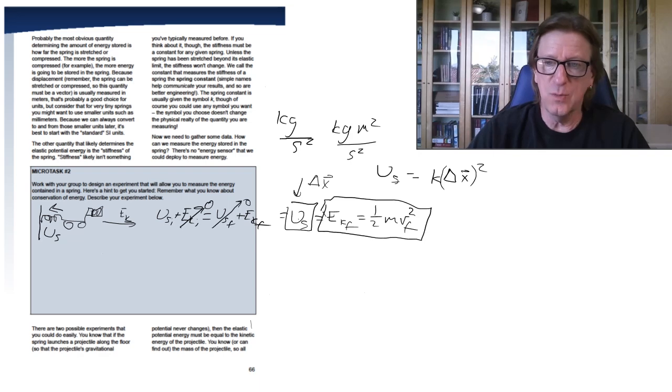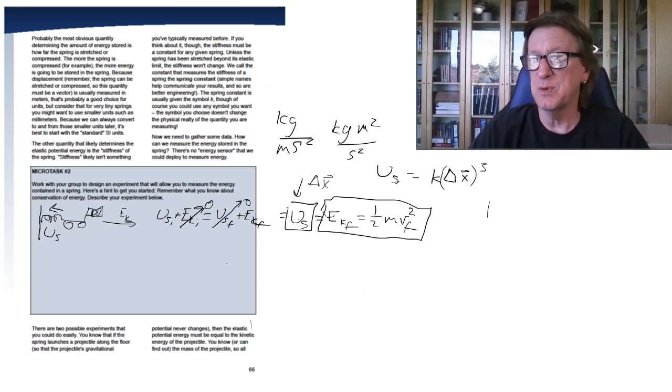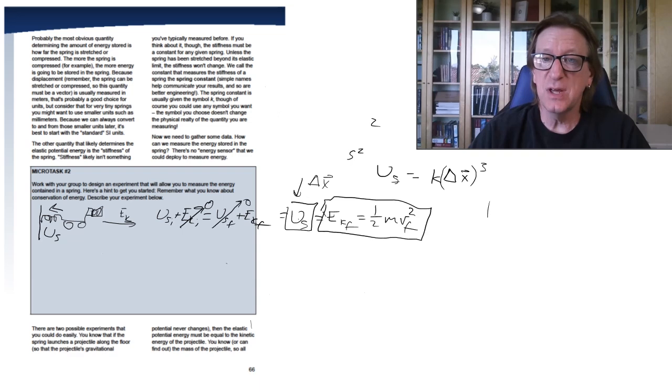On the other hand, what if it were to the third power? Well, now that means I'm going to have another meter down here, right? That will give me kilogram meters per second squared times meters to the third will leave me with kilogram meters squared per second squared, and so it'll give me what I need. So any one of these units with the constant is possible, and there's nothing we can do to get that other than do an experiment.